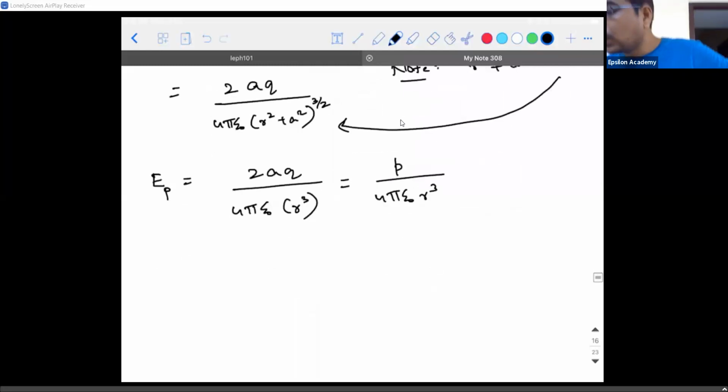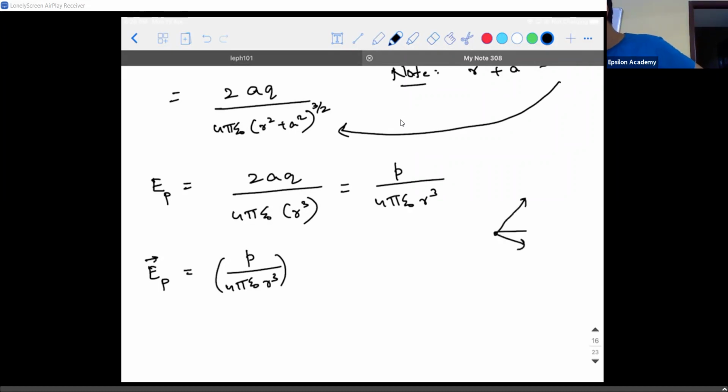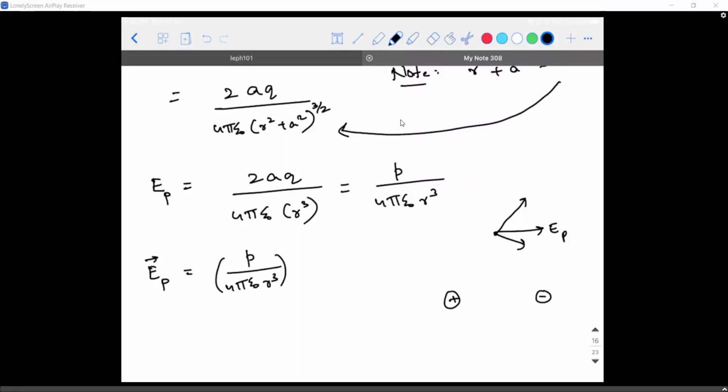Now in terms of direction, if I have to write EP vector, this will be P divided by 4 pi epsilon naught r cube into, observe at point P, the electric field is in the rightward direction. Positive charge is here, negative charge is here. What is the direction of dipole moment? The direction is negative to positive, so it is in the right to left direction.